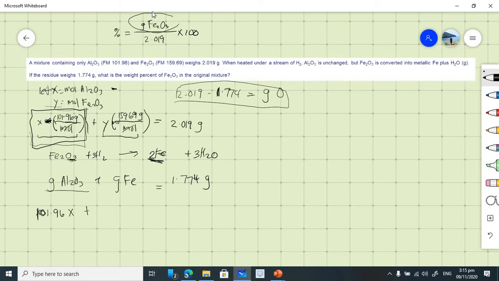This mass of Fe is related to the mole of Fe2O3, that's why mole Fe2O3 times, so let's just do this one, times 1 mole of Fe2O3 has 2 moles of Fe, right? From the balanced equation.